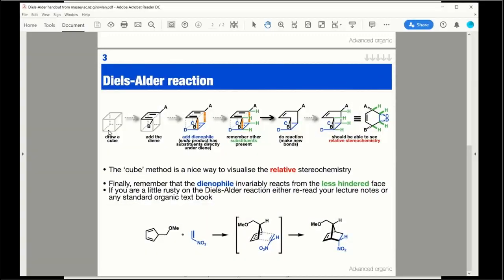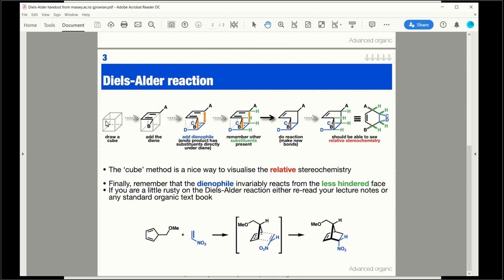This cube method is a nice trick for determining the stereochemistry in your product when both the diene and the dienophile have substituents, particularly when there are substituents at carbons 1 and 4 of the diene.